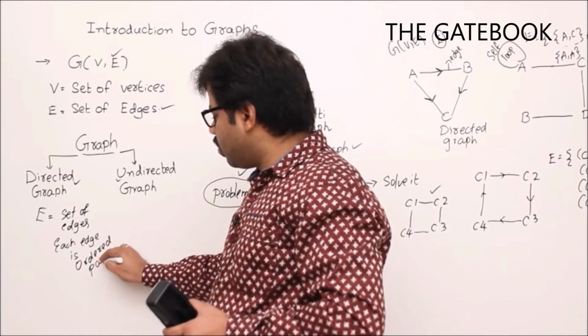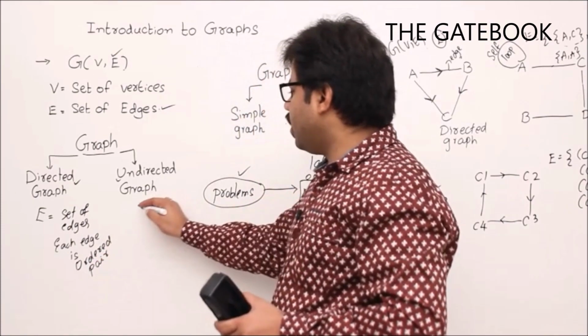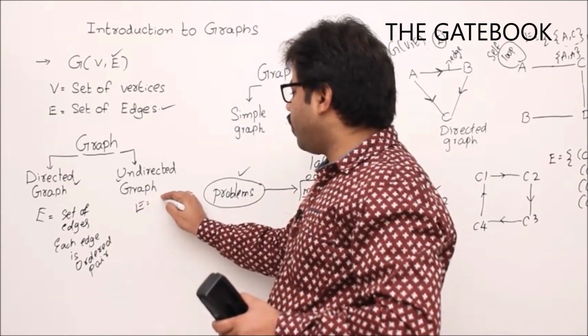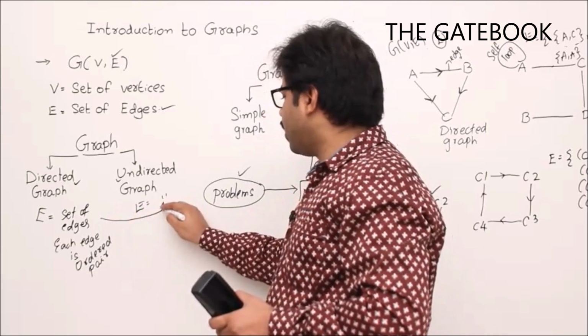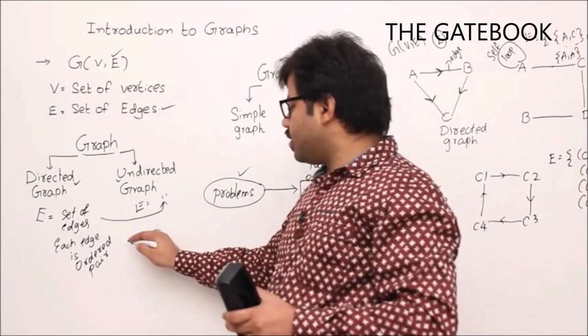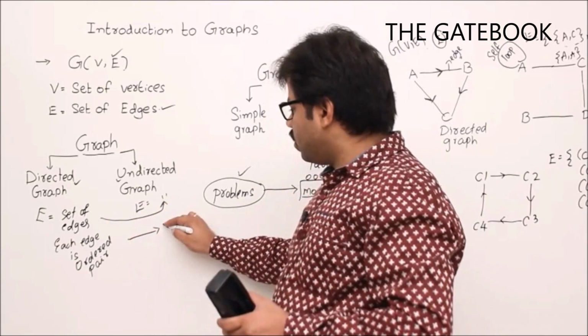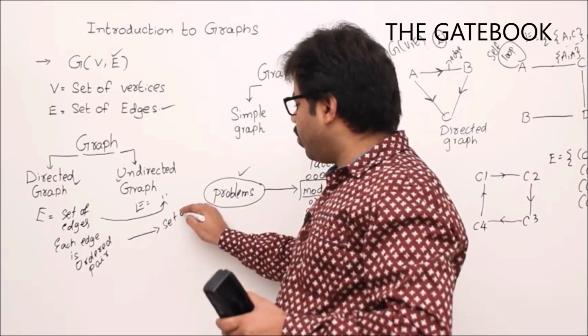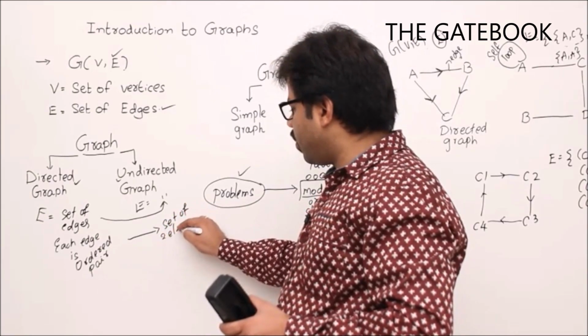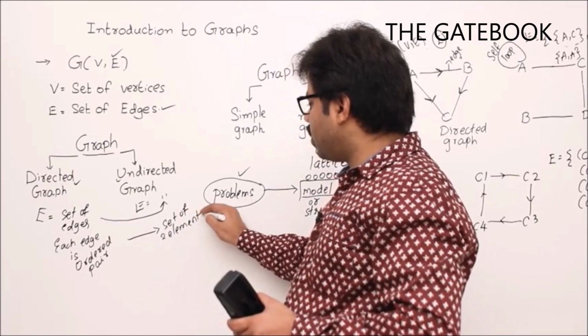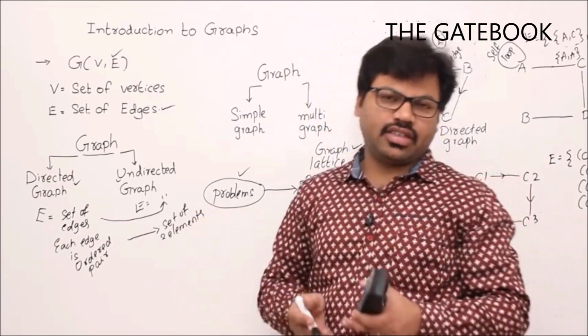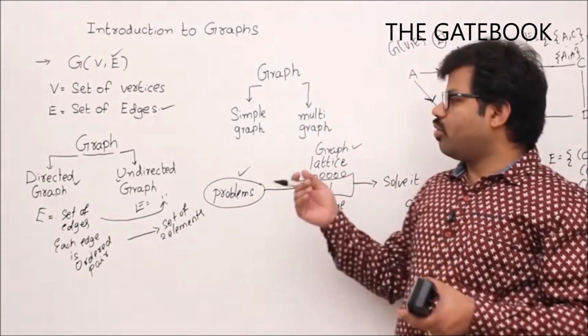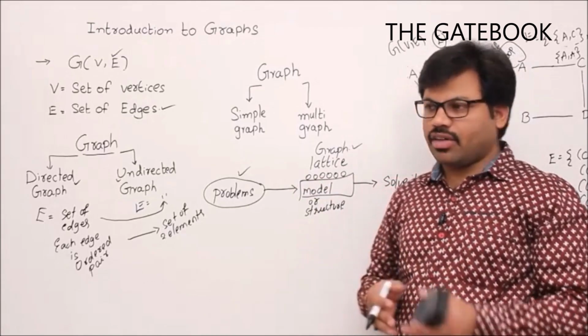So this is the concept of a directed graph. Here E equals the set of edges, same thing, where each edge is simply a set of two elements. Those two elements might not be distinct. So this is the formal definition of directed and undirected graphs.